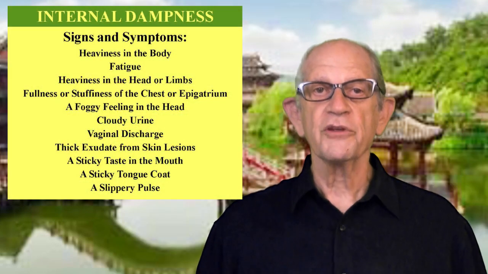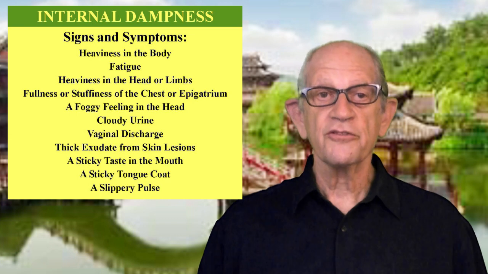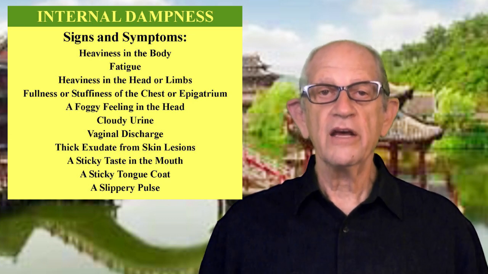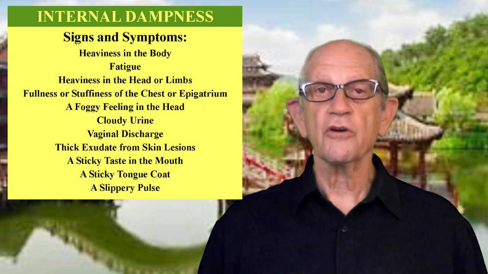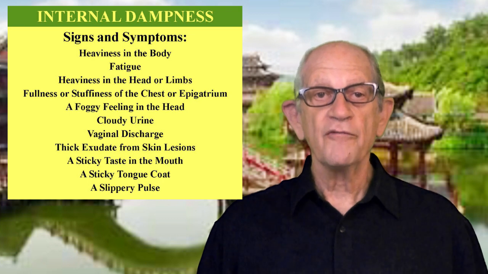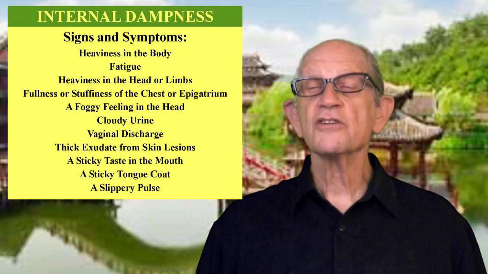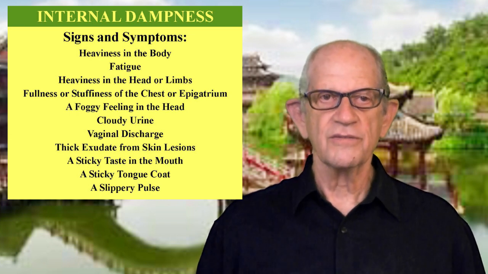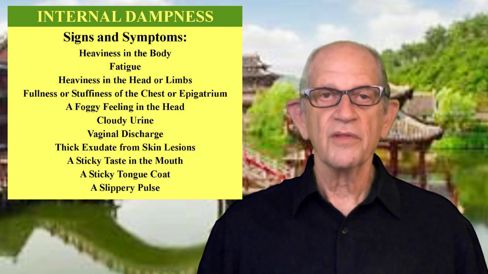The signs and symptoms of internal excess dampness are heaviness in the body, fatigue, heaviness in the head or limbs, fullness and stuffiness of the chest or epigastrium, a foggy feeling in the head, cloudy urine, vaginal discharges, thick exudate from skin lesions, a sticky taste in the mouth, a sticky tongue coat, and a slippery pulse.